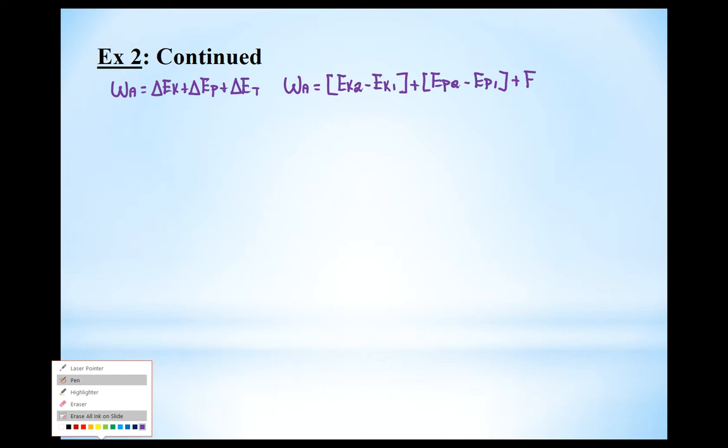So WA is equal to EK2 minus EK1 plus EP2 minus EP1 plus delta ET, which we already calculated in the previous part. I'll just leave it as the delta ET variable.